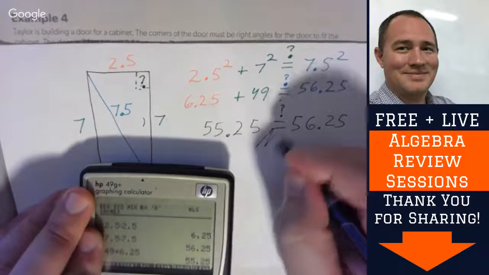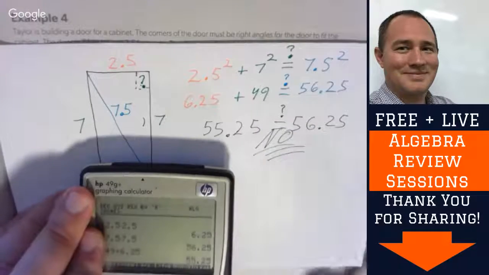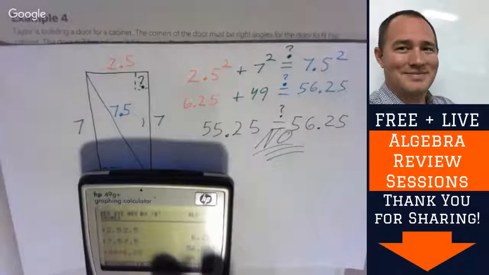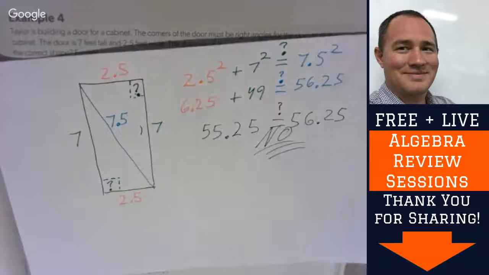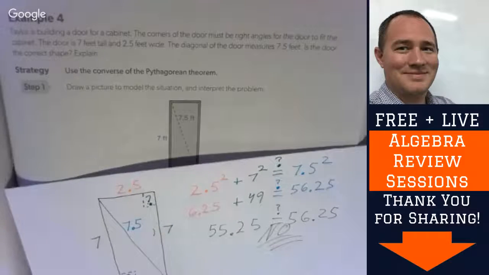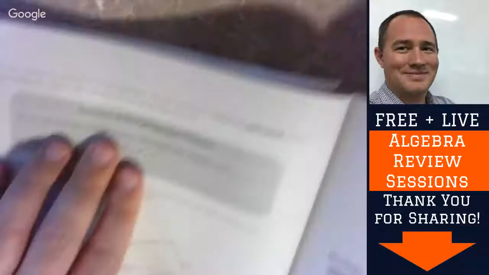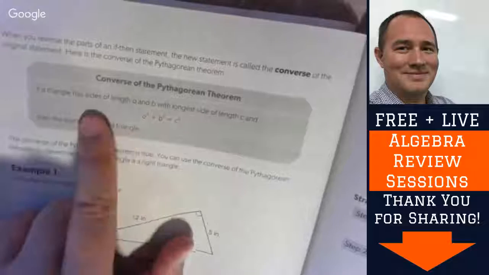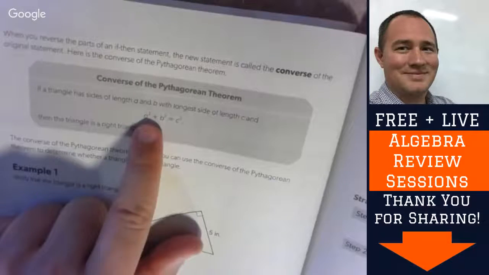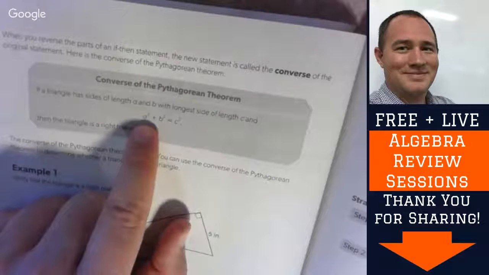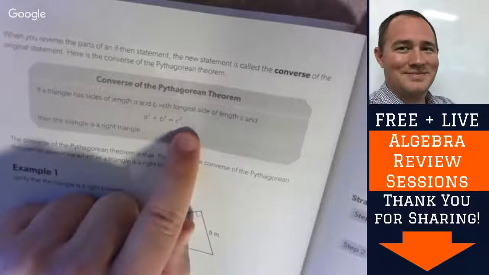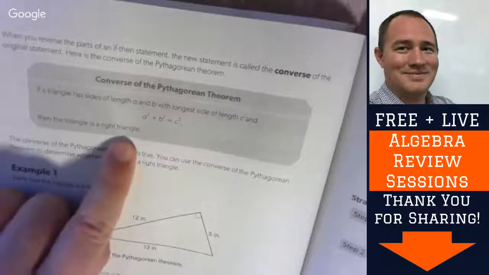We would say no. So what does that mean? That means that we go back to the definition back here. So using the converse of the Pythagorean theorem, it states that if a squared plus b squared equals c squared, then it's a right triangle.